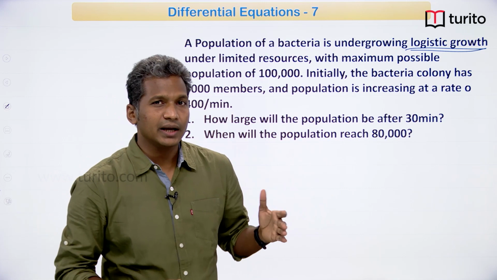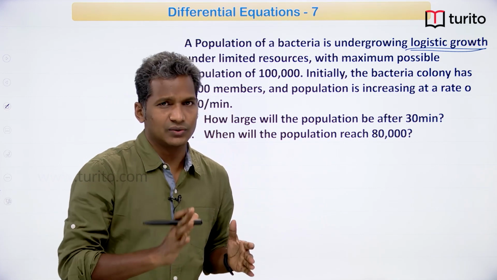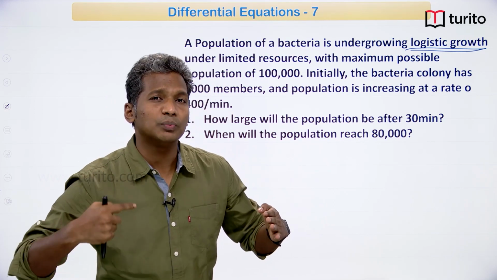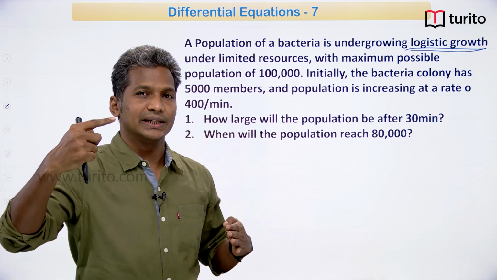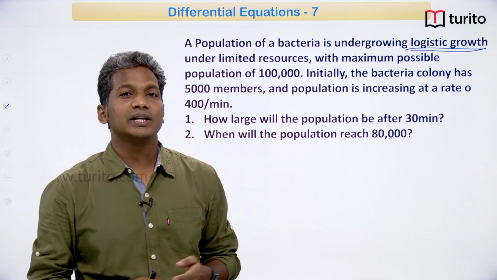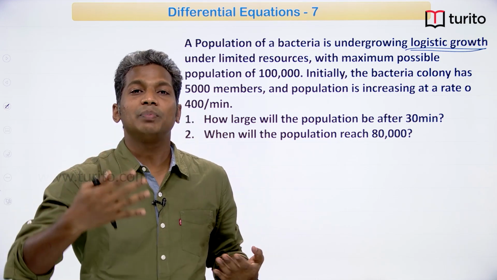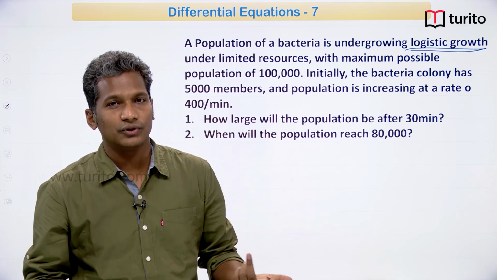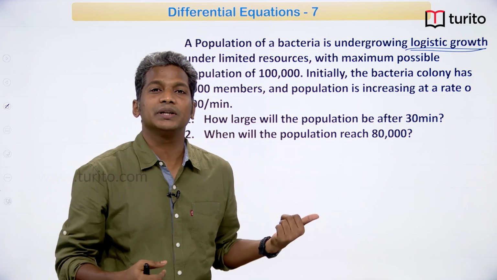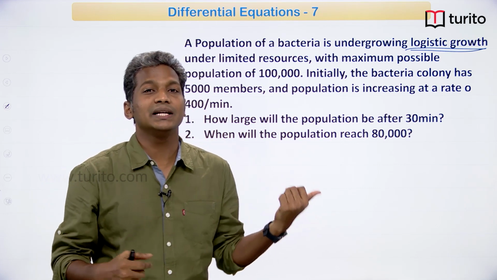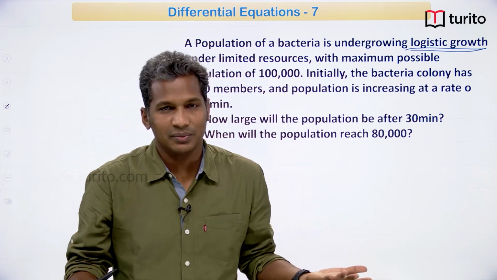Now, if every day the food supply is only 100 kilos, but human population is continuously increasing, then what happens? When supply becomes less and the number of humans is more, then people will start killing each other for food. This is what used to happen in earlier days when the green revolution did not come. Okay.